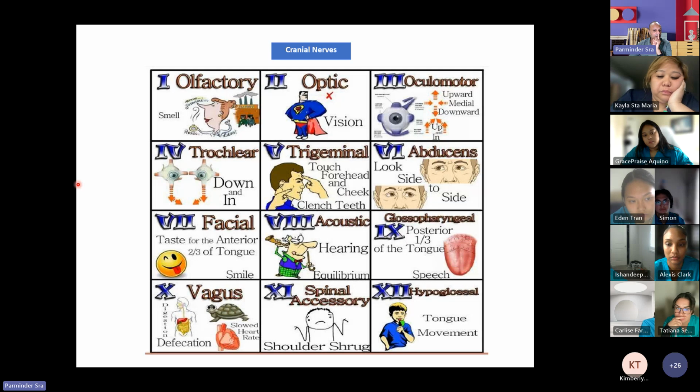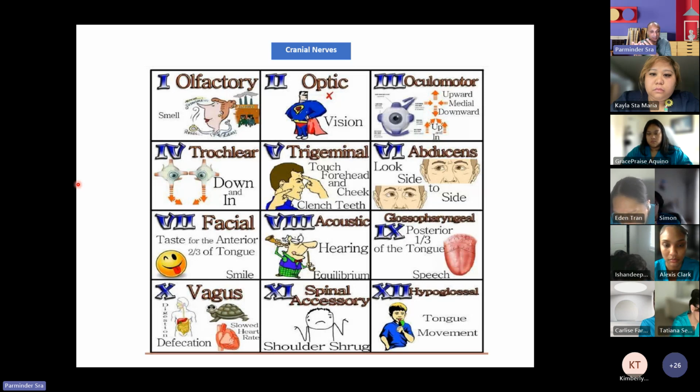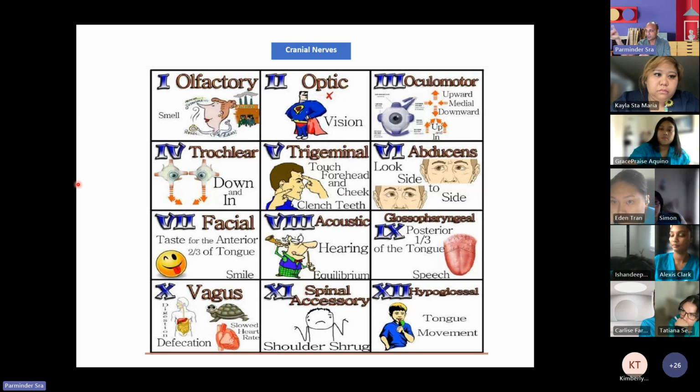For example, if somebody has a head injury, they may experience a loss of smell. So to test this, the nurse introduces different products which have a fragrance, to see if they can identify them. You bring coffee, vanilla or something, to see if they can smell it or not.